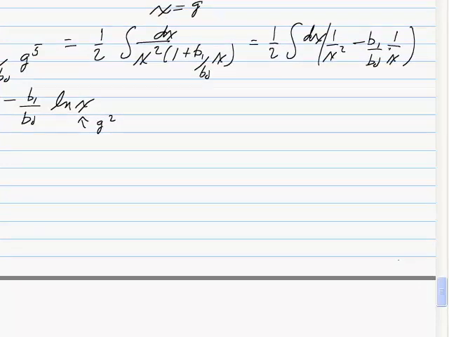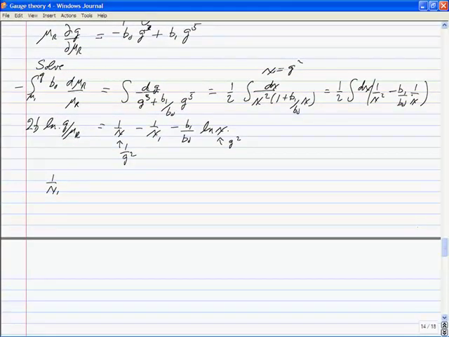So we then do the solution as before. We define some constant. The actual definition is something that goes like 1 over x1 plus b1 over b0 log x1 is b0 log lambda squared.